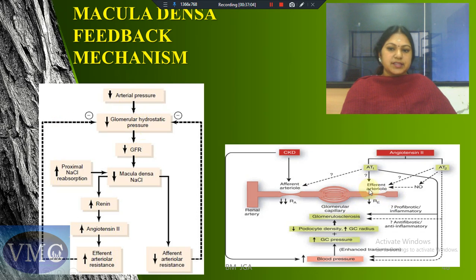Here you can see the efferent arteriolar constriction occurs, hydrostatic pressure increases, and then the BP comes back to normal. This action occurs because of the angiotensin 2 which is formed. Angiotensin 2's effect is there both on the afferent arteriole as well as on the efferent arteriole, but efferent arteriolar constriction is more than the afferent arteriolar constriction.